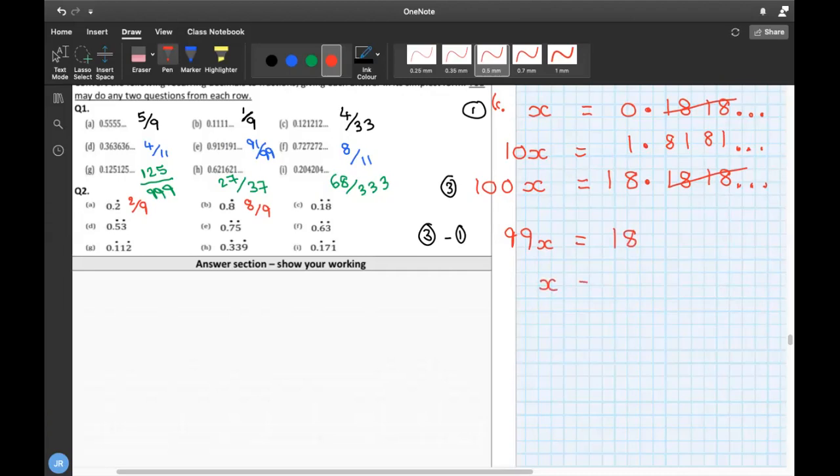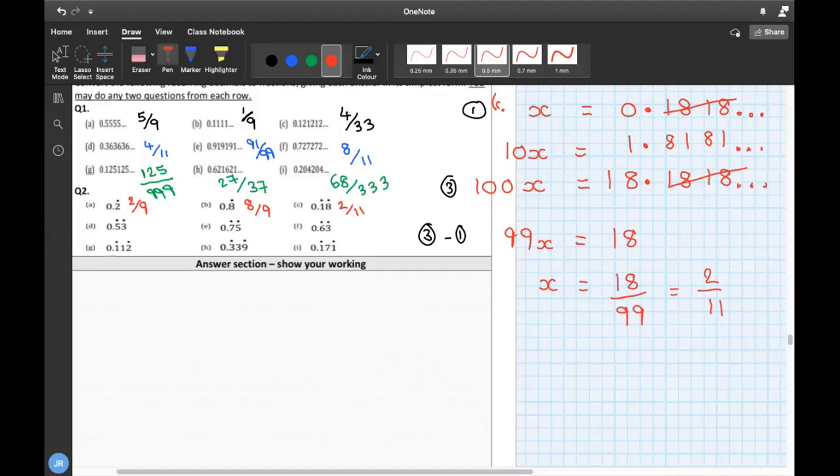We now need to solve our equation for x. To do that, we're going to have to divide both sides by 99. Both of these are in the 9 times table, so you can divide them by 9 and you get 2/11. So 0.18 is 2/11.